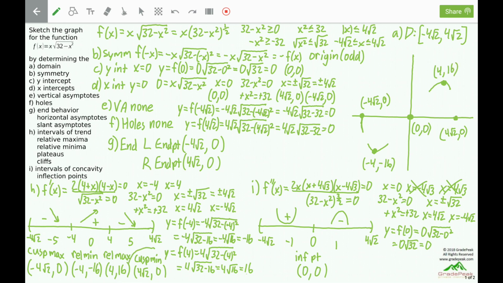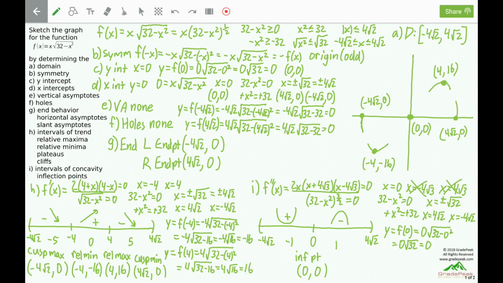And then right at the point 4 square root of 2, 0, which is the right endpoint, we have a cusp minimum. It will be only the left portion of a cusp minimum because no graph will exist to the right of the right endpoint. So it'll be the left half of a cusp minimum. Cusp means that it will be a vertical tangent.